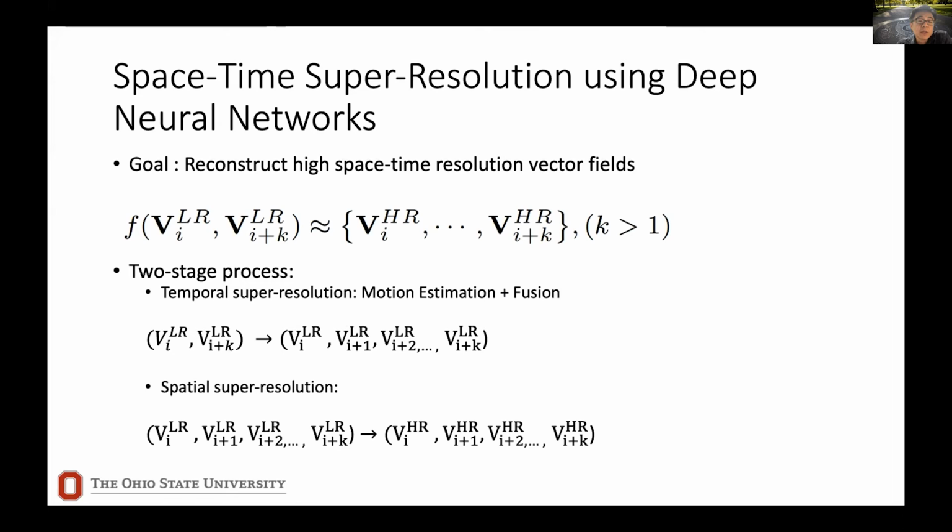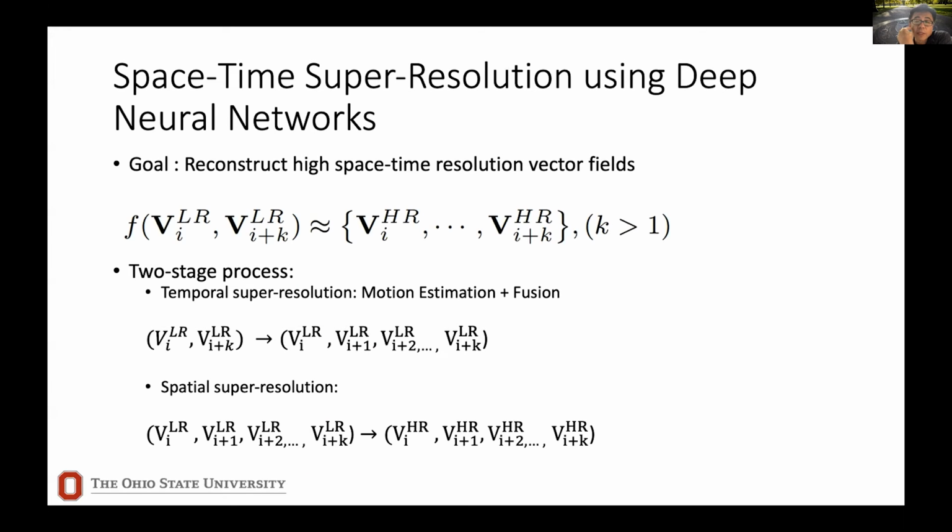One stage is you want to perform a temporal super resolution, meaning you get the first time step and last time step low resolution data, and you want to produce a sequence of data in between, still at low resolution, just for now. The second stage, you want to perform spatial super resolution, which means you want to bump up the spatial resolution for every volume V_I all the way to V_(I+K) up to high resolution between I and I plus K.